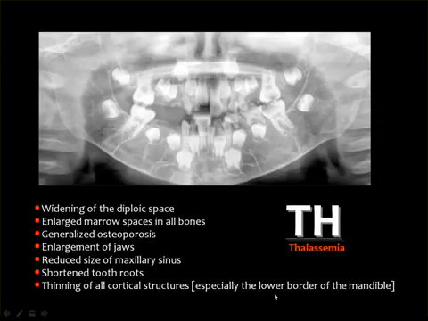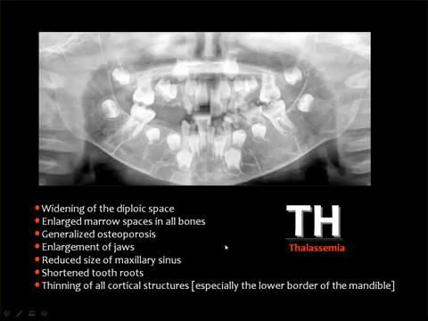Then in the mandible, you may get shortening or loss of the roots of the teeth, and you may get expansion of the bone marrow spaces due to bone marrow hyperplasia, widening of the diploic spaces, enlarged bone marrow spaces in all bones all over the body, including in the mandible.